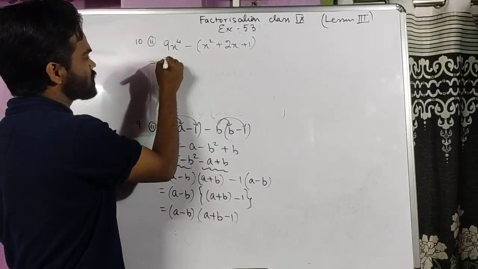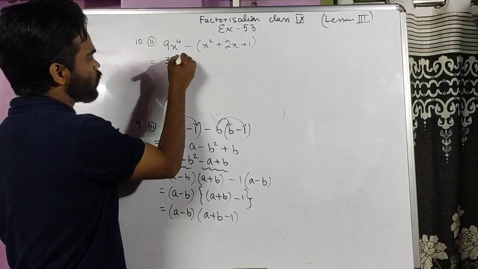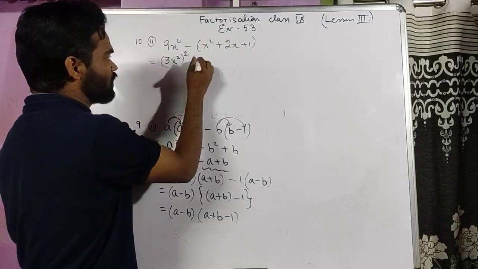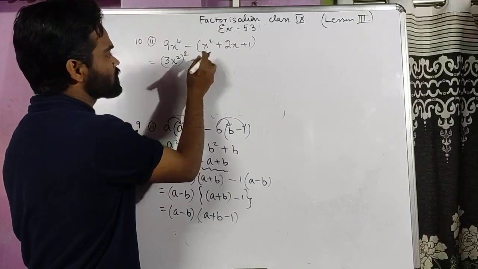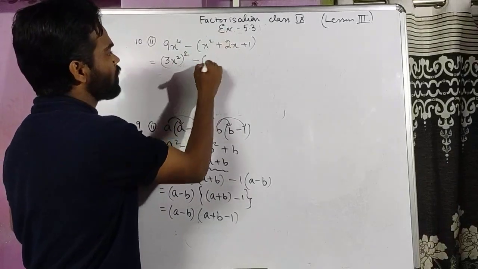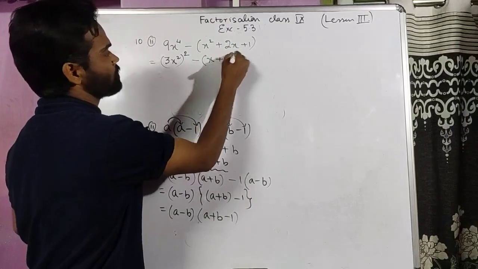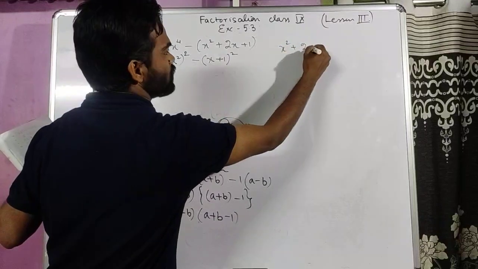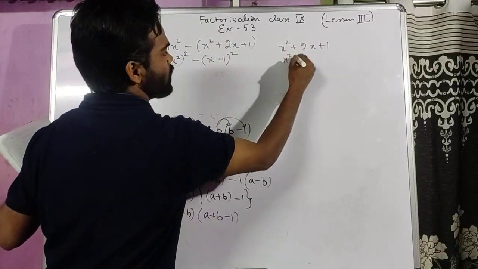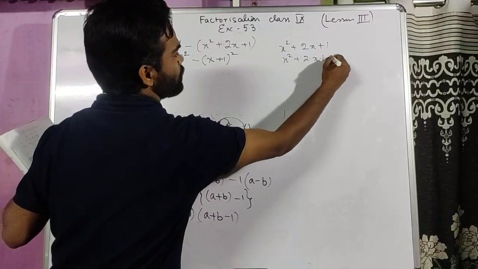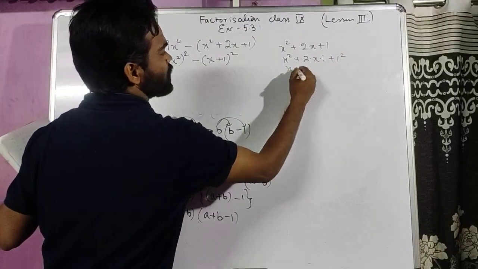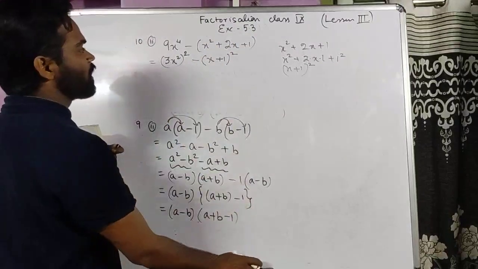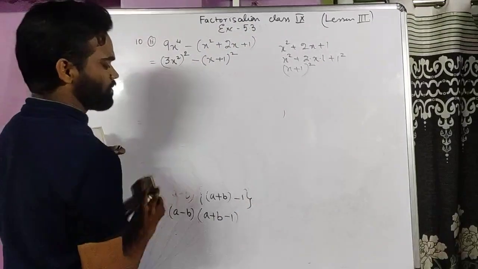Can I write this as (3x square) whole square? And this is a perfect square of x plus 1. Look carefully: x square plus 2x plus 1 can I write as x square plus 2 into x into 1 plus 1 square, which is (a plus b) whole square. So instead of this, can I write (x plus 1) whole square?